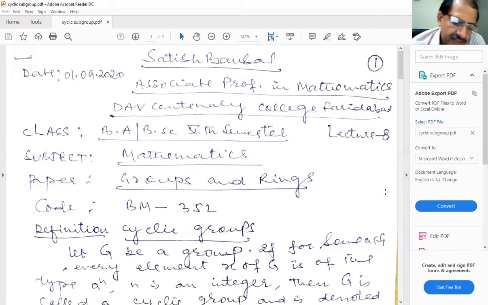And if a fifth property, that is the commutative property, is also satisfied, then the group is called an abelian group. So when H is a non-empty subset of the group G and H is a subgroup of G, then H also follows the properties of a group.